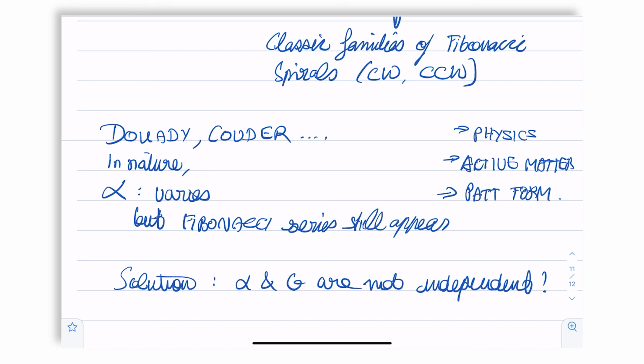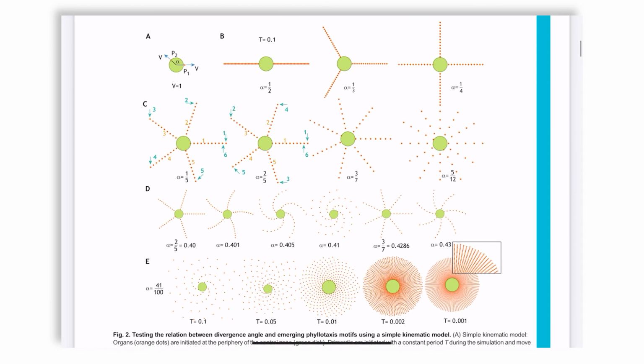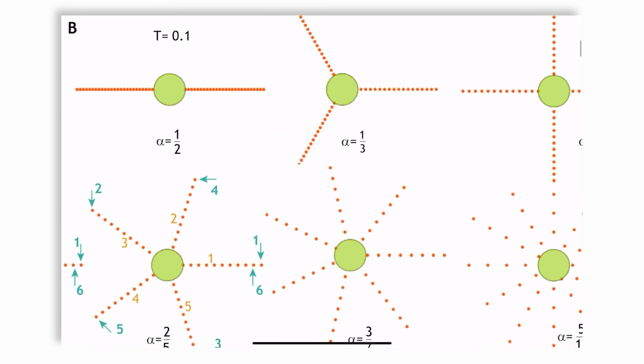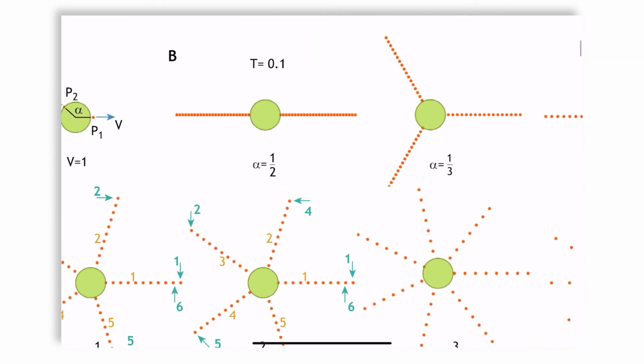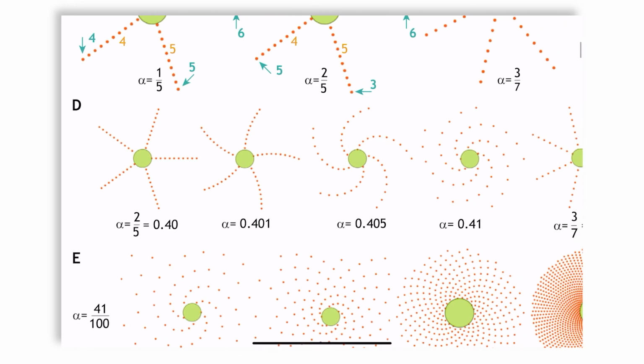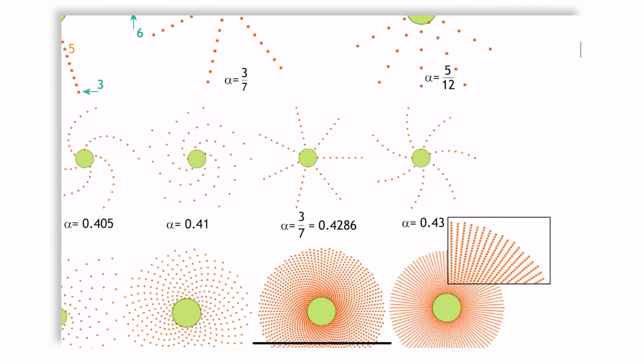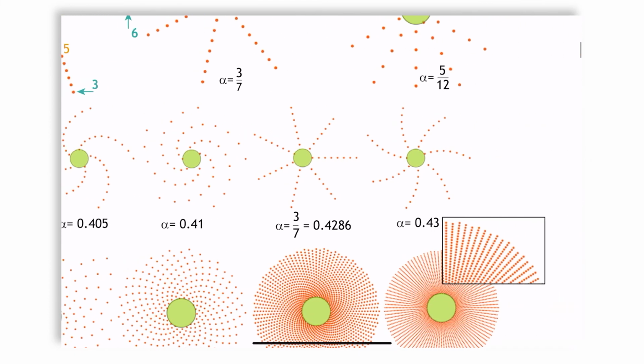I'm only going to leave you with one quick view of their paper because it reveals something about what we have been talking about. So these are the spirals they obtained by changing the value of alpha. Up to here, there's no spiral, it's just spikes. You start getting smaller and smaller alphas around 0.4 something.